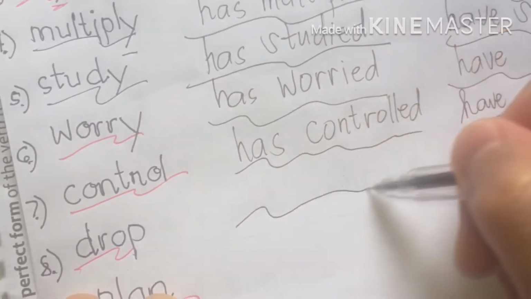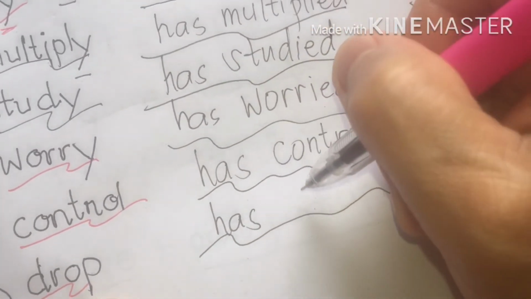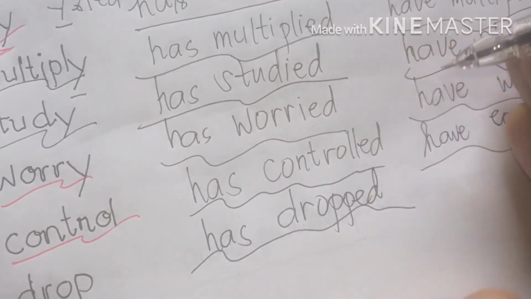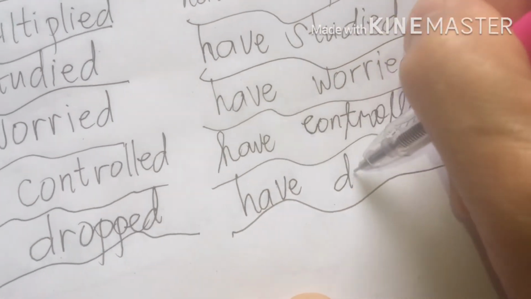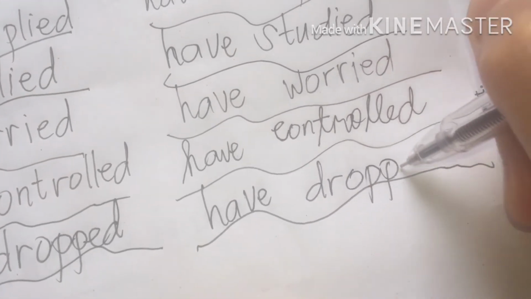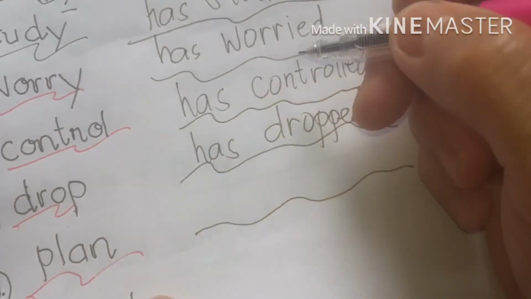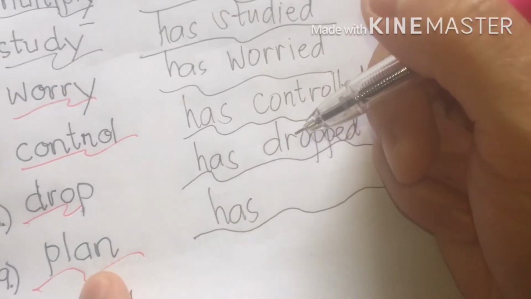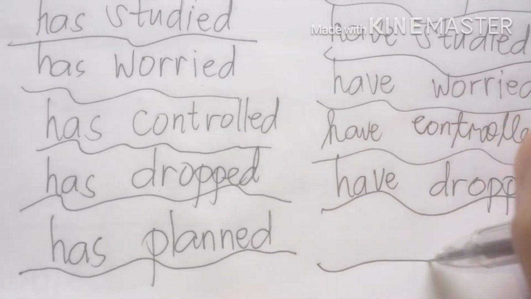Next, has dropped, double consonant P. Next, have dropped. Double consonant P, we add ed. This is a regular verb. Next, plant. When you form, my dear students, has plus past participle of the verb plant, planted.